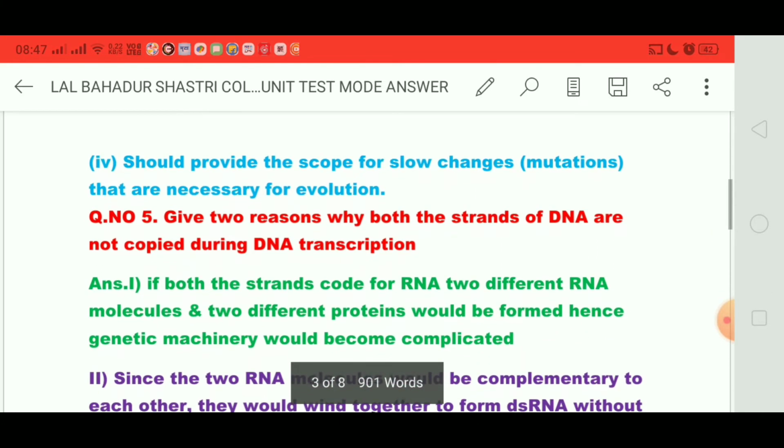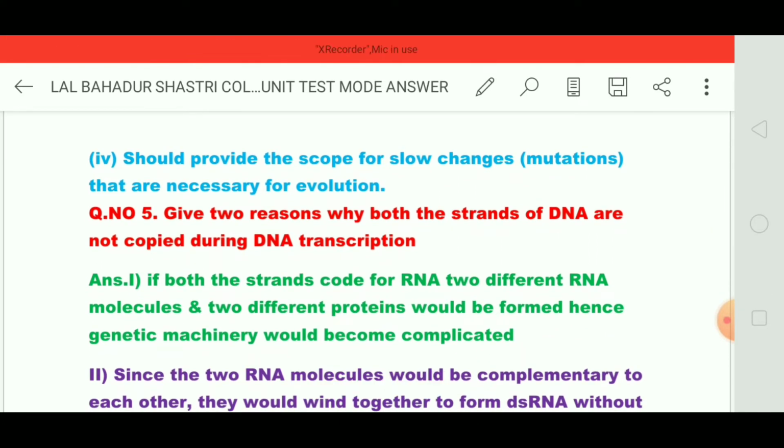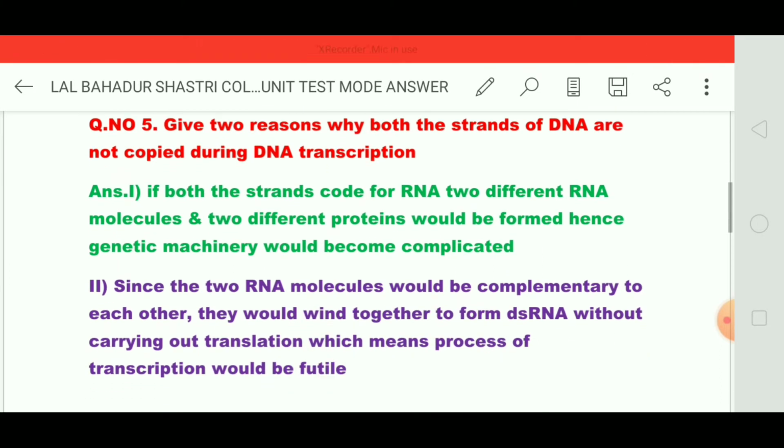Next is question number 5. Give 2 reasons why both strands of DNA are not copied during DNA transcription. You must properly understand the question and write the answer in proper, orderly sequence. If both strands code for RNA, 2 different RNA molecules and 2 different proteins would be formed.